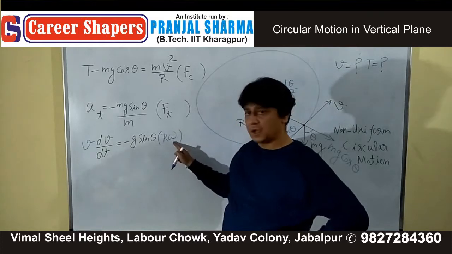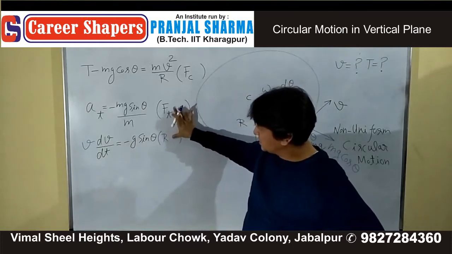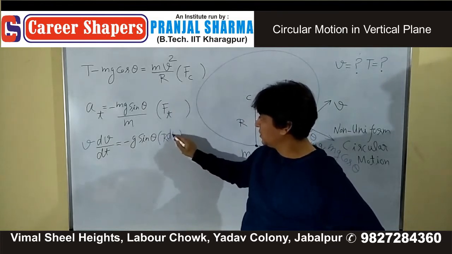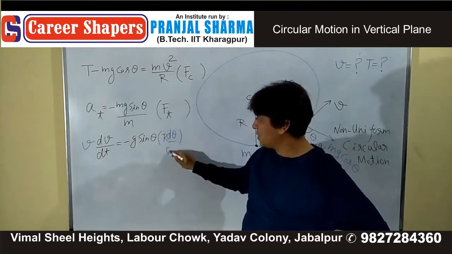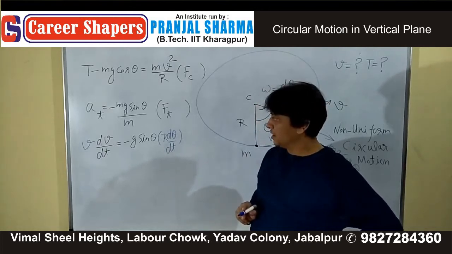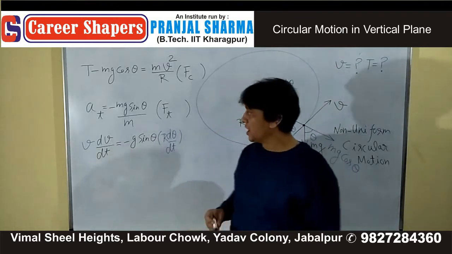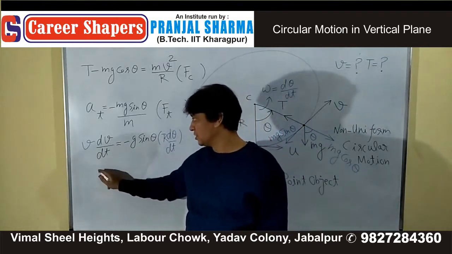Now this omega, you can write this omega as d theta divided by dt. dt and dt, they are cancelled and you got this information.